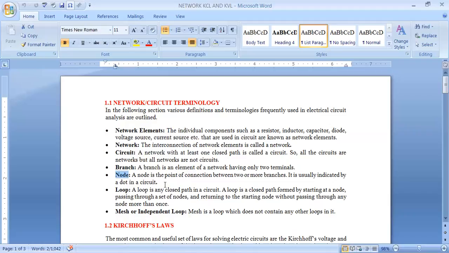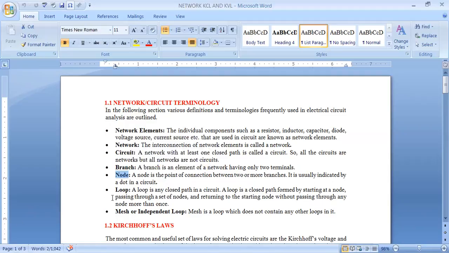When three or more branches or elements are joined at a particular point, it is called a junction.